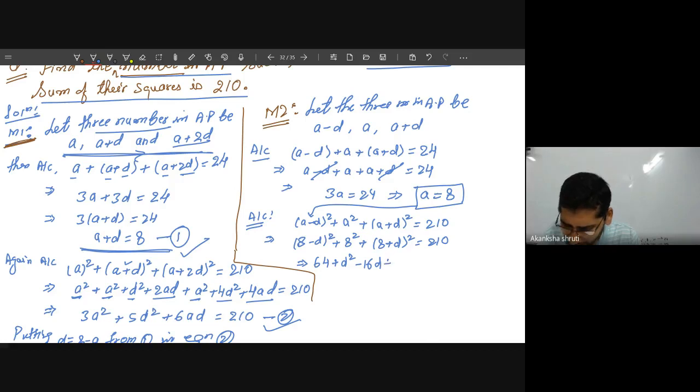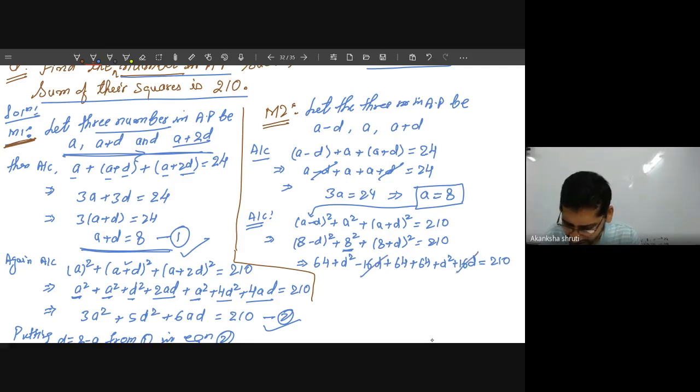फर्स्ट टर्म आ गए, प्लस ऑफ 64 सेकेंड टर्म का इस 8 का, एंड थर्ड टर्म का आप होल स्क्वायर ब्रेक करिए. अगेन 64 प्लस ऑफ d स्क्वायर प्लस ऑफ 16d will give us 210. Okay student, now see what has happened here.